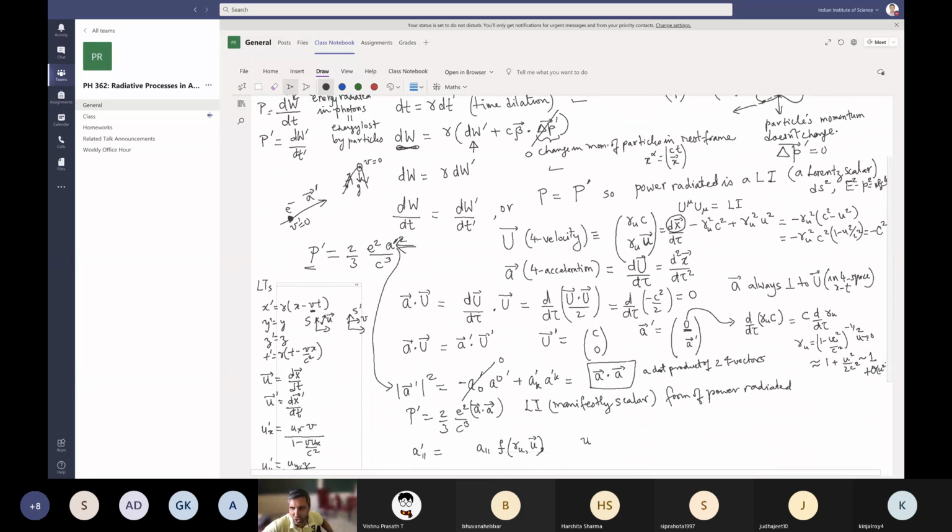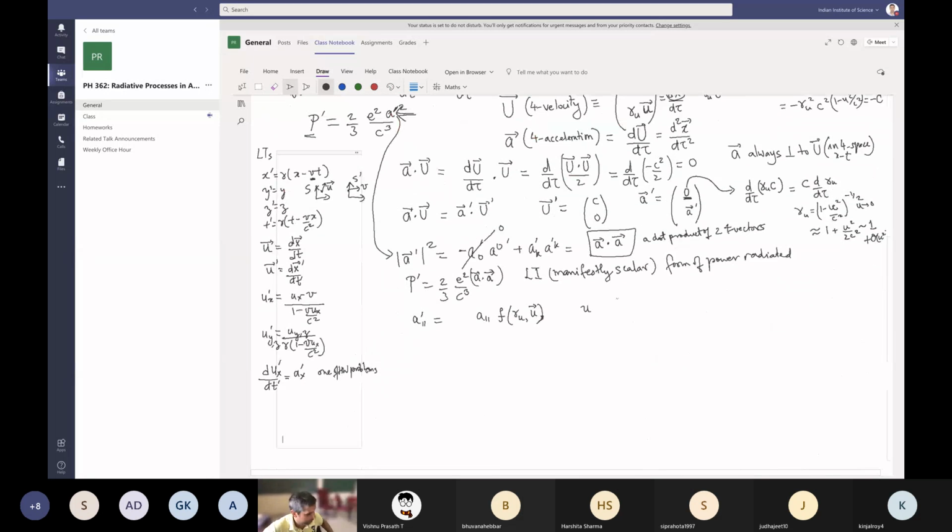In that case you can show that, let me just write down the expression and then explain what I have written. We can write A parallel prime is equal to gamma cubed A parallel, and A perp prime is equal to gamma squared A perp.